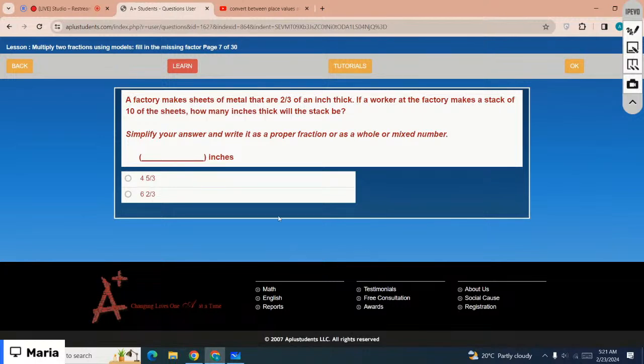Please do not guess the answers. Always, always use your notebook and pencil. That is 6 whole 2 over 3, not 4 whole.